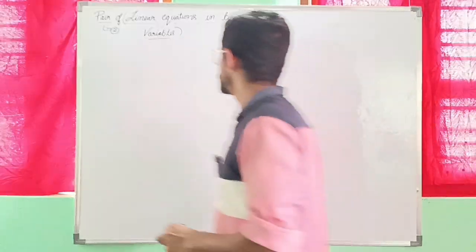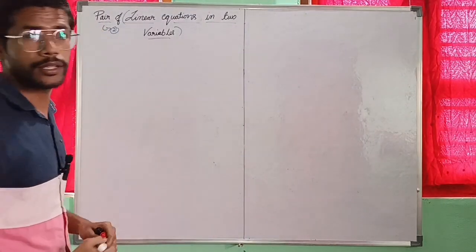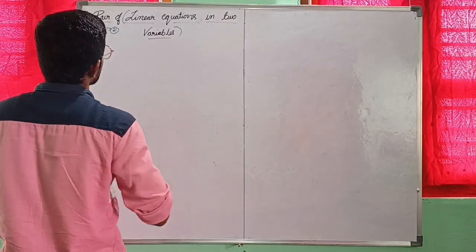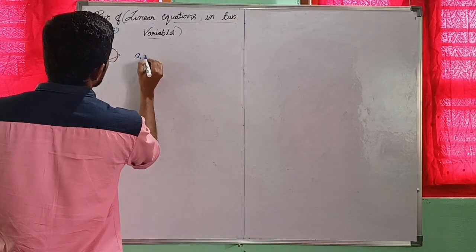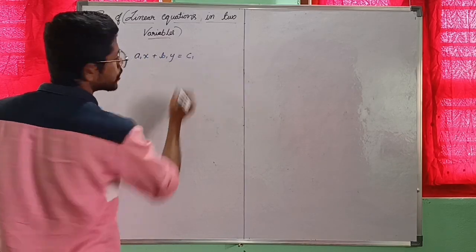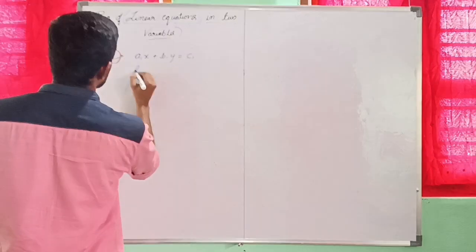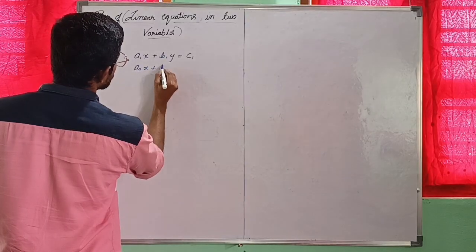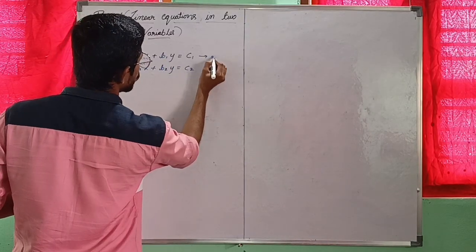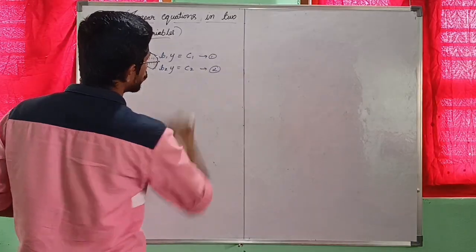These linear equations in two variables can be generally written as a1 x plus b1 y is equal to c1, and a2 x plus b2 y is equal to c2. This is equation 1 and this is equation 2.